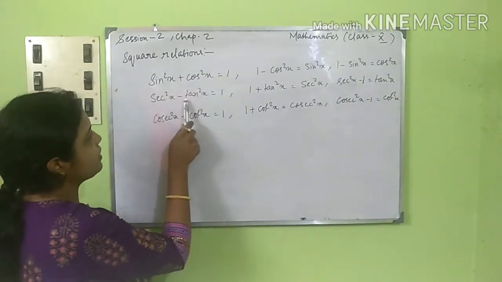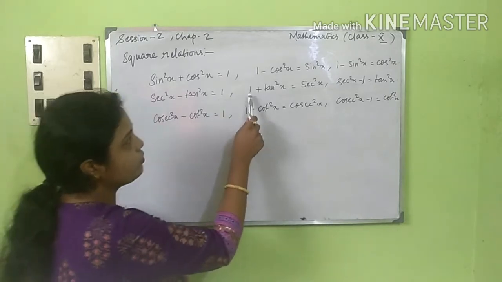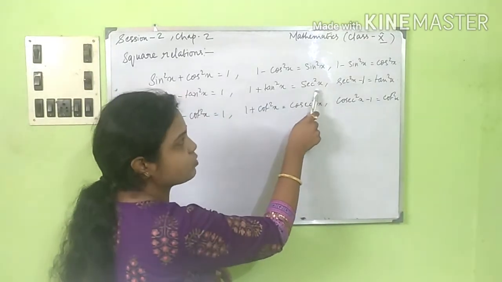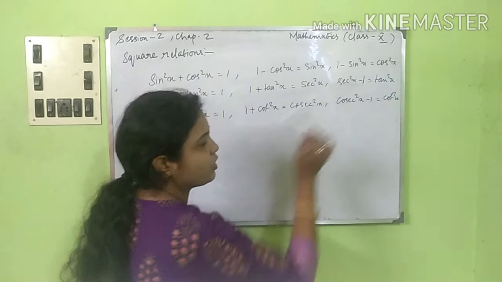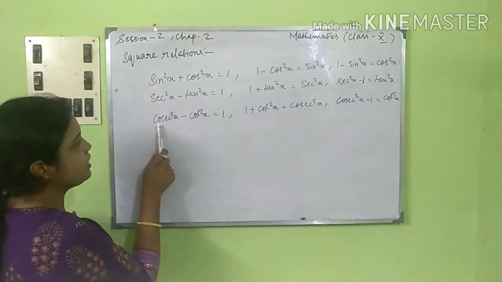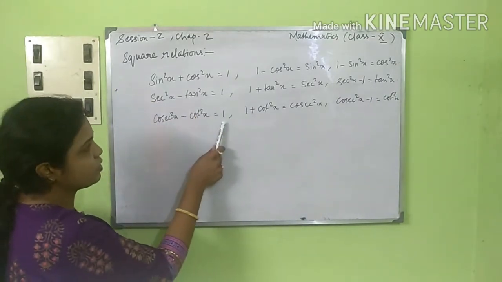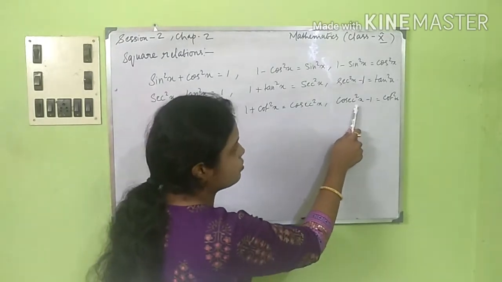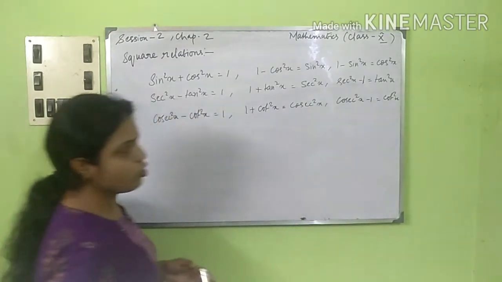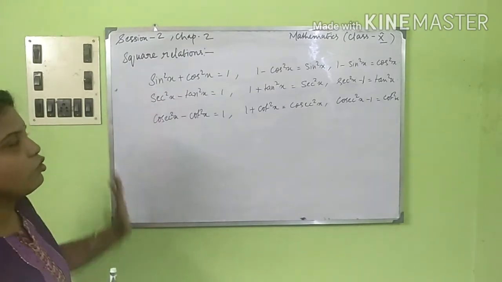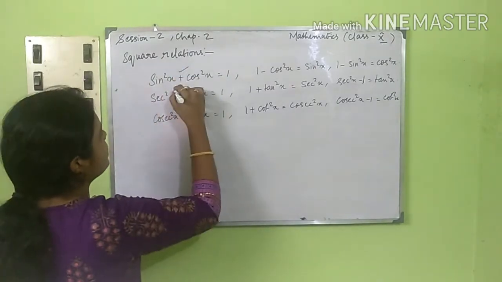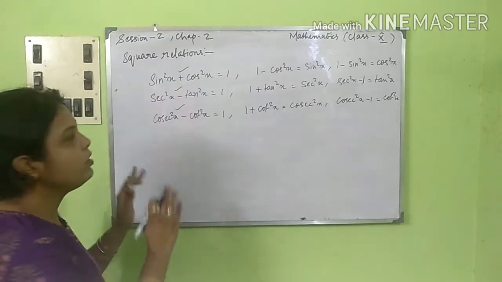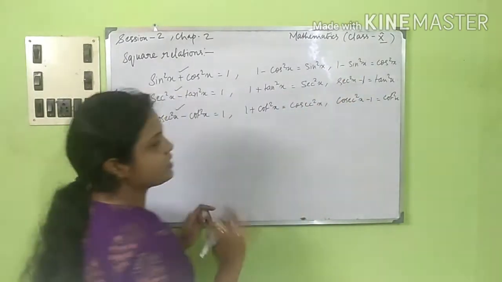Next, sec square x minus tan square x equal to 1. So we have 1 plus tan square x equal to sec square x, or sec square x minus 1 equal to tan square x. And lastly, cosec square x minus cot square x equal to 1. So 1 plus cot square x equal to cosec square x. Cosec square x minus 1 equal to cot square x. These are the things which you have to remember. It's basically these three particular ones which you have to remember, and accordingly you can find these other ratios.